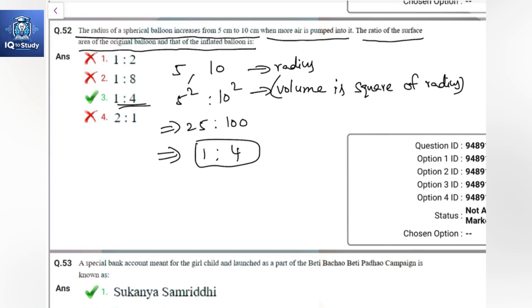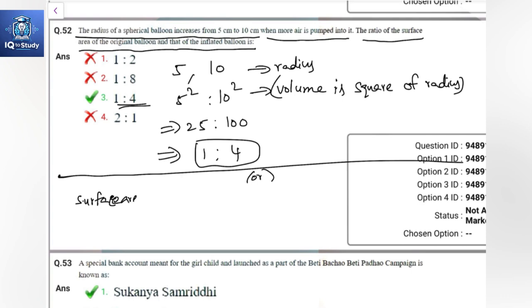Option number 3. This can also be solved using another method. We know that the surface area of a sphere is equal to 4 pi r square.